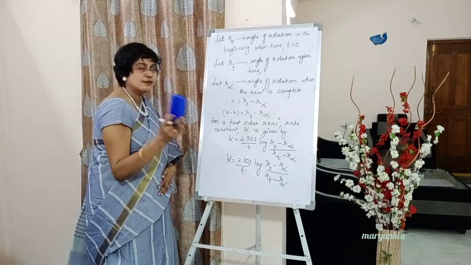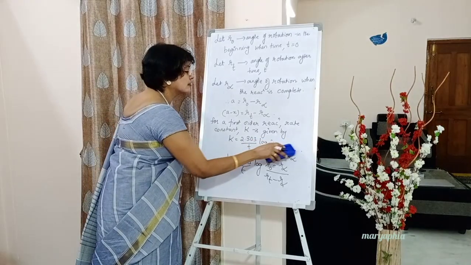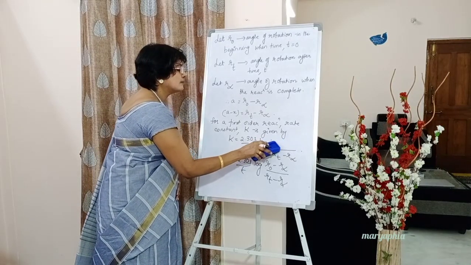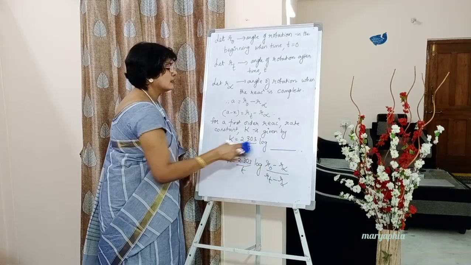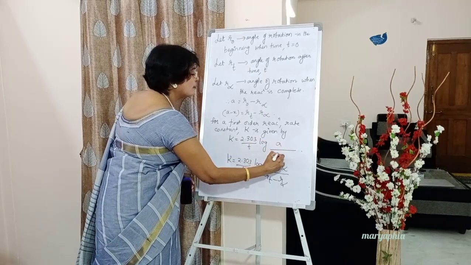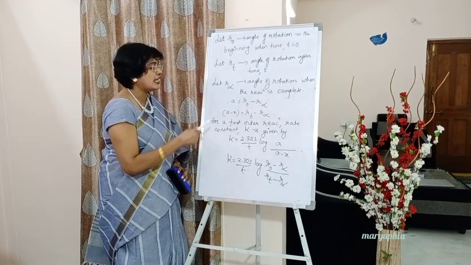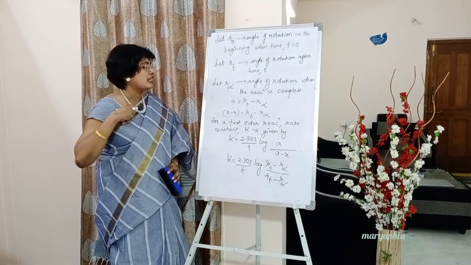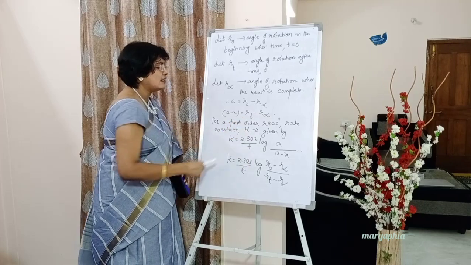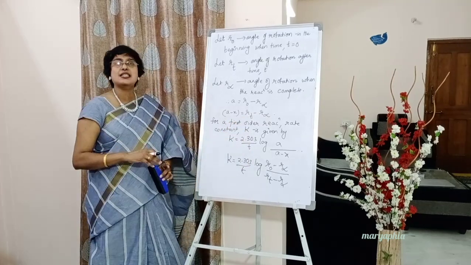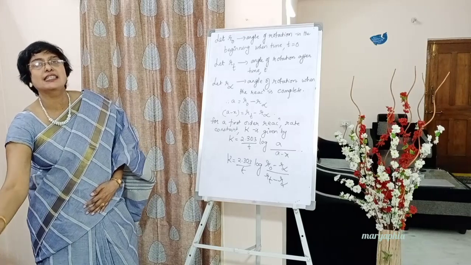In this reaction, write down log A by A minus X. A is R naught minus R alpha and A minus X is RT minus R alpha. This is the original expression for first order kinetics, students.